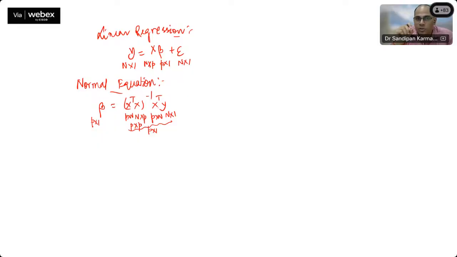Tomorrow we are going to cover those from a Bayesian perspective. Before that, let me give a little background. You can understand linear regression as a problem of solving systems of equations.